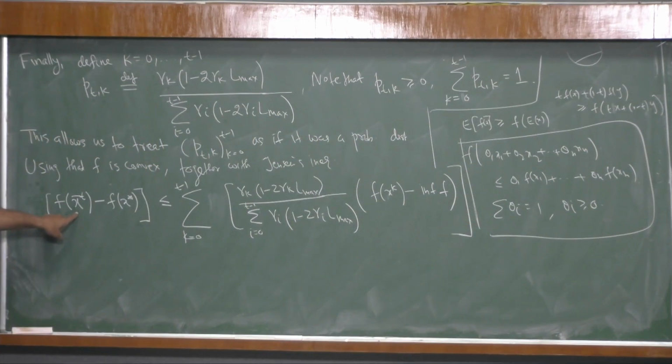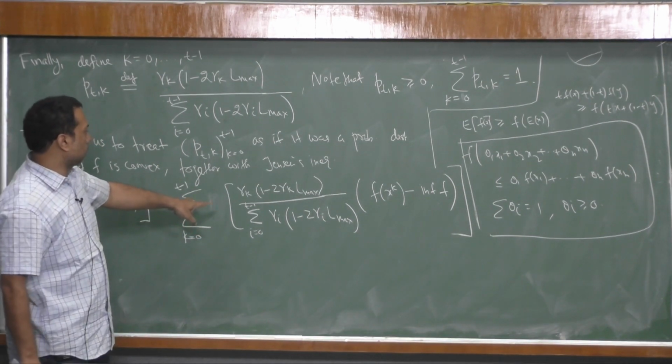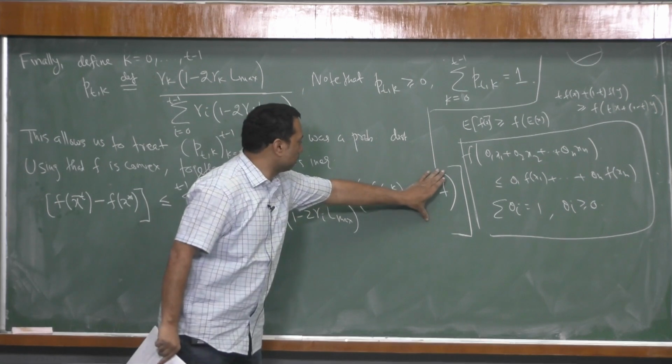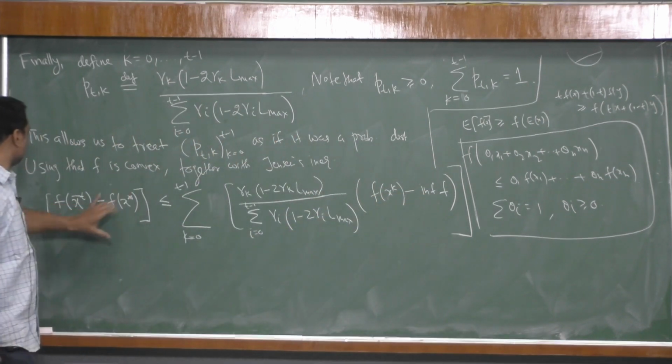So f of the average is less than or equal to, and you always forget this, because this is distracting. You just look at this.